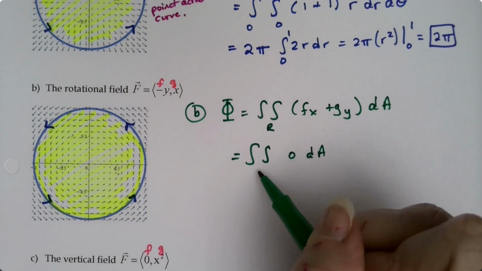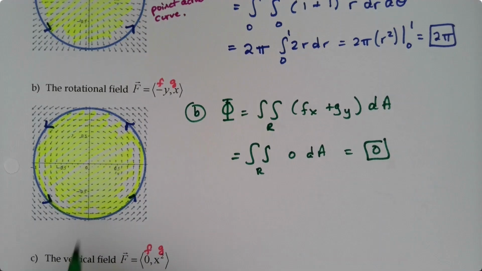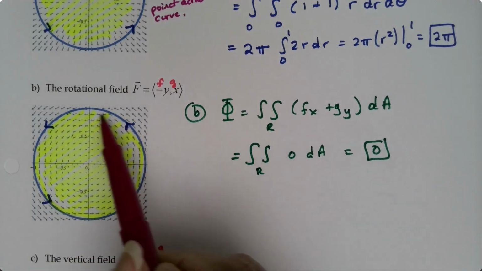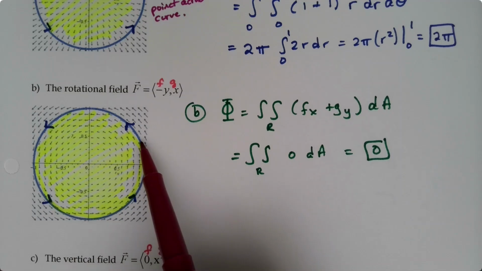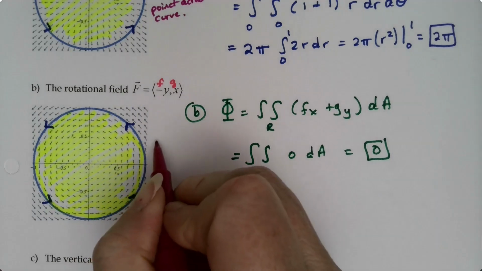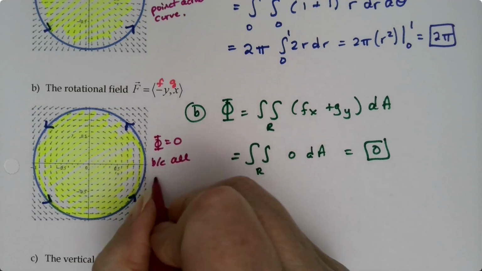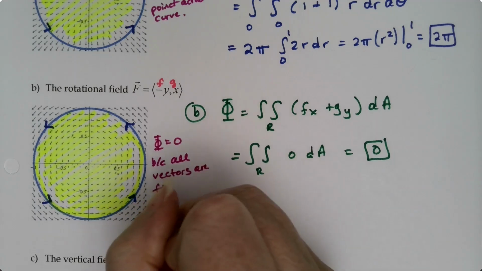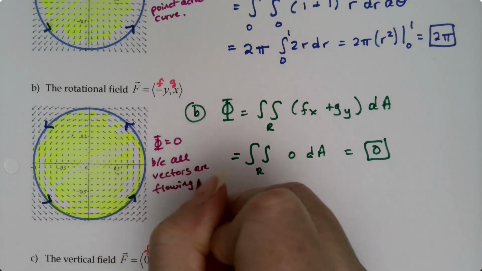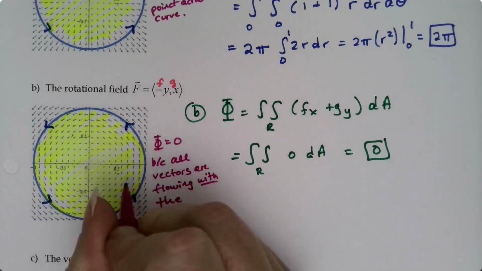And the integral of 0 over a region is 0. Which makes sense. I mean, look at it. Those arrows are all going with the curve. They're not crossing the boundaries of that curve. So the flux is 0 because all the vectors are flowing with the curve. So there's a lot of circulation. There's no flux.